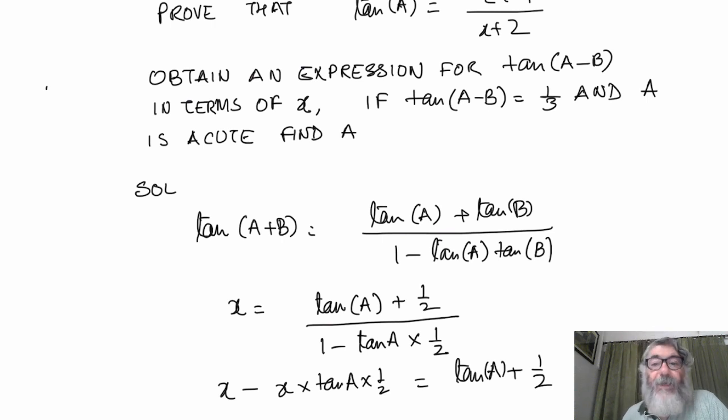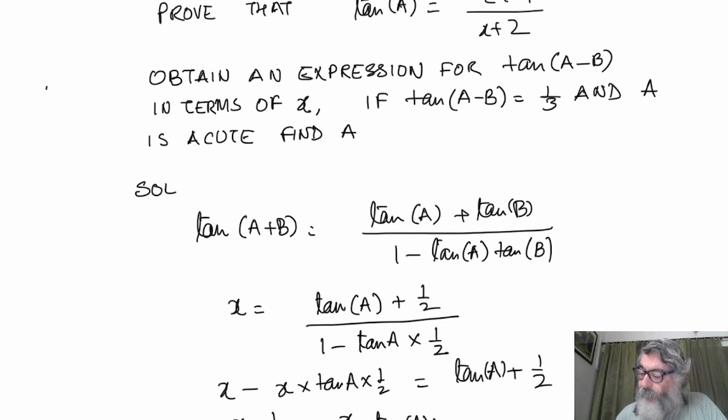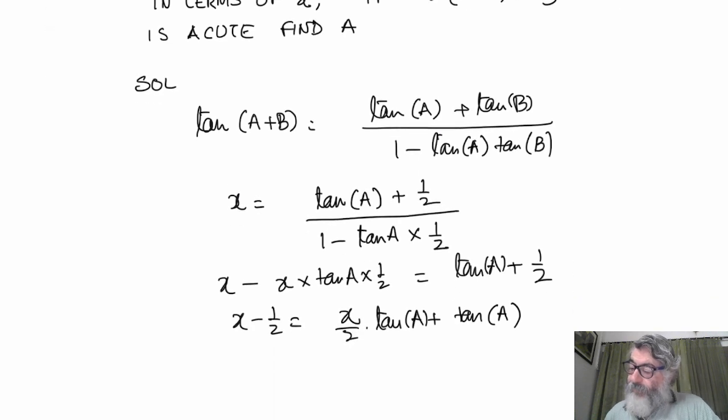Now I have to find the value of tan a, so I should take tan a on the same side. x minus half should be equal to (x upon 2) tan a plus tan a.